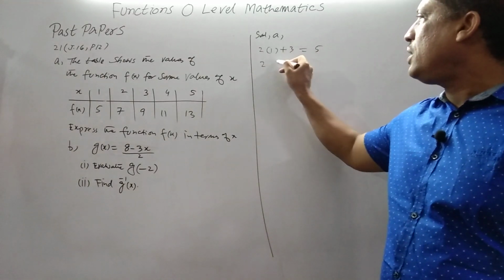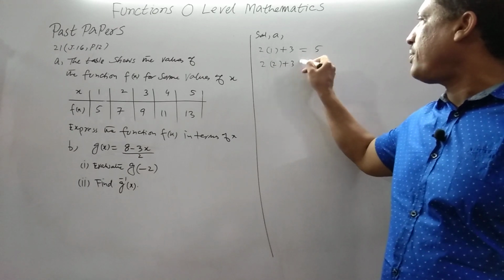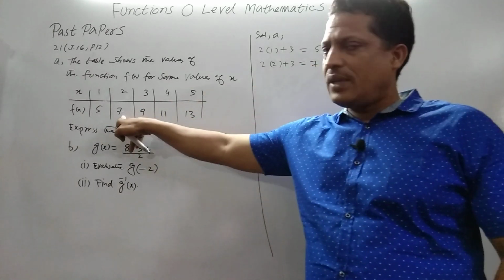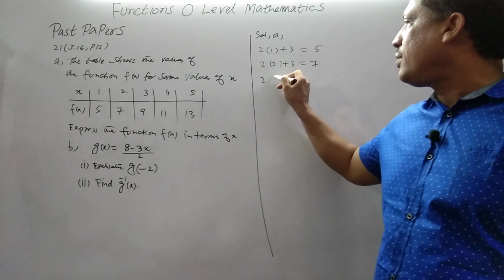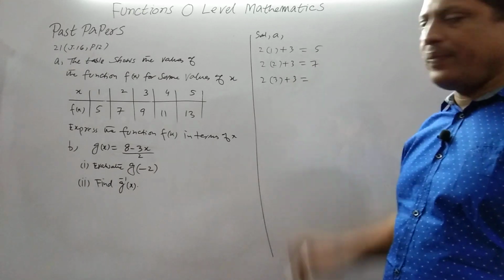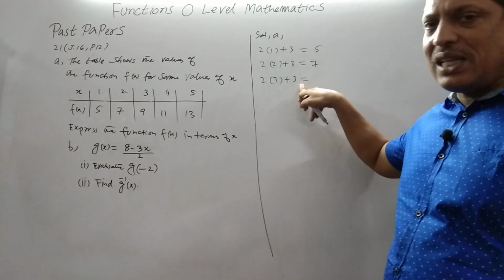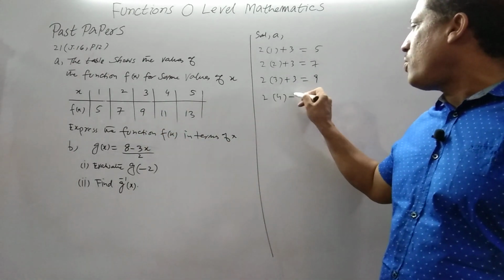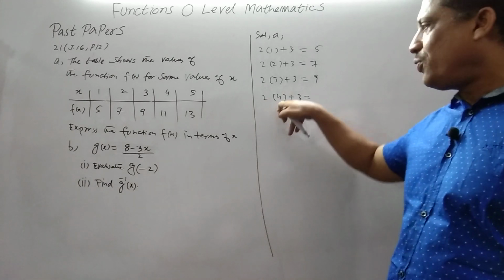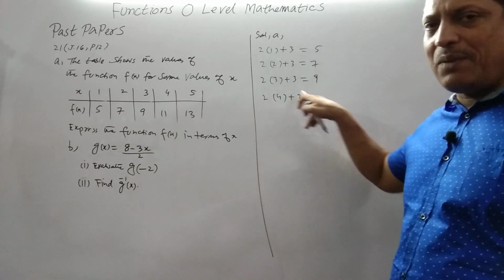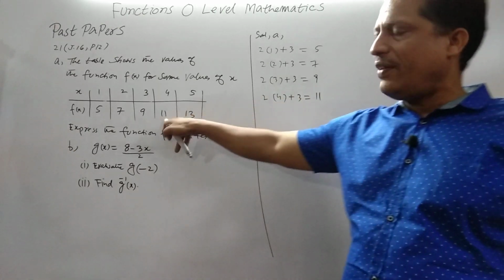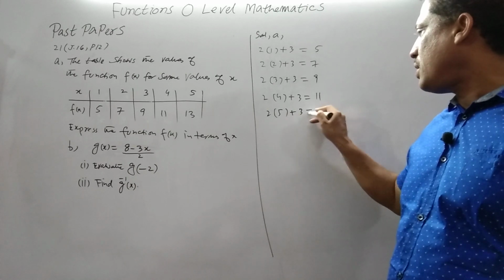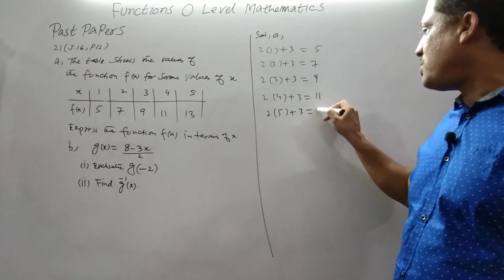Similarly, 2 into 2 plus 3, 2 twos are 4, plus 3 is 7. 2 into 3 plus 3, 2 threes are 6, 6 plus 3 is 9. 2 into 4 plus 3, 2 fours are 8, 8 plus 3 is 11. 2 into 5 plus 3, 2 fives are 10, 10 plus 3 is 13.